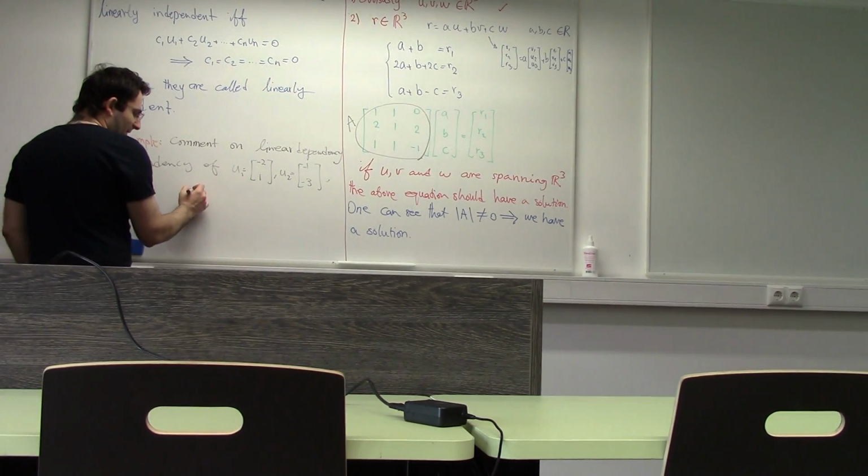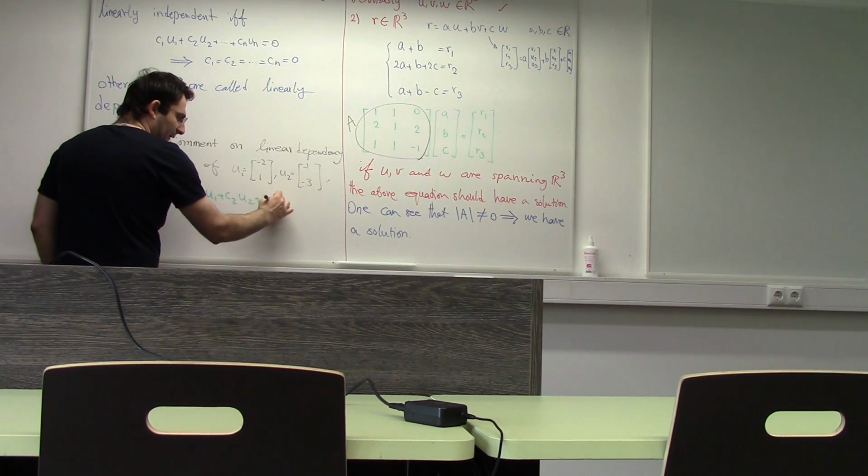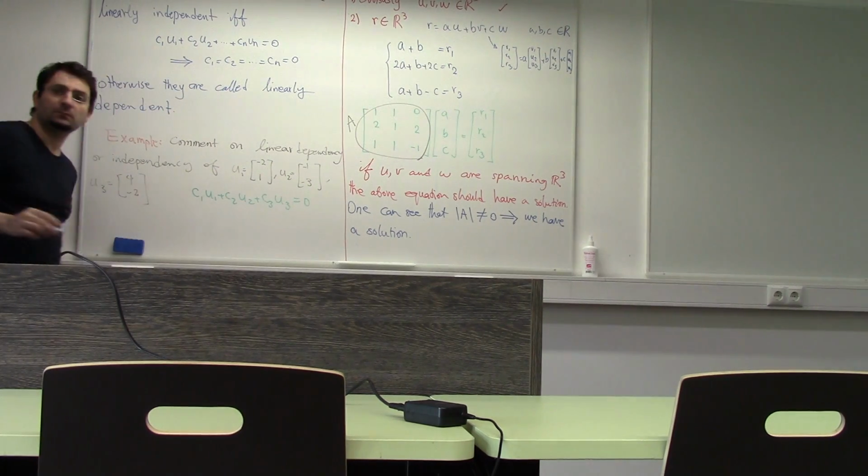In other words, we have to write that C1U1 plus C2U2 plus C3U3 is equal to 0.